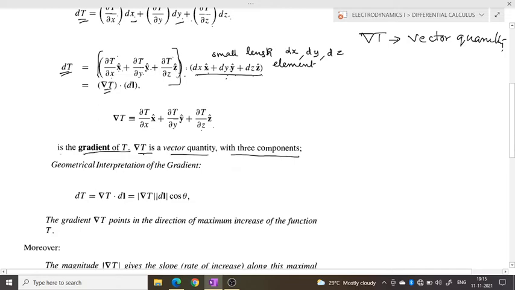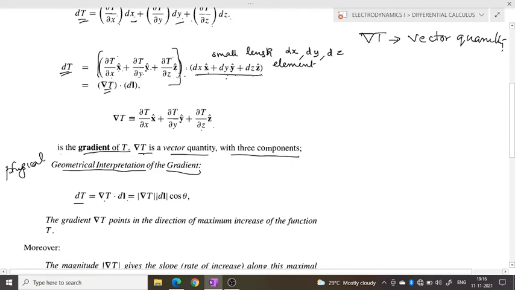Now what is this gradient? What does this gradient mean? What is the geometrical interpretation, or what is the physical meaning? What does this quantity del t, the gradient, represent? So we write dt is equal to del t dot dl.